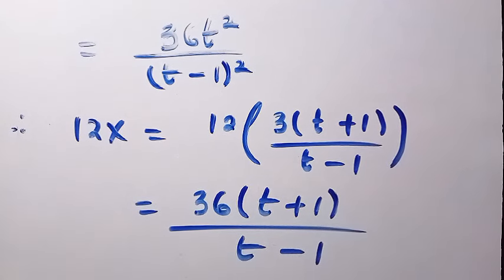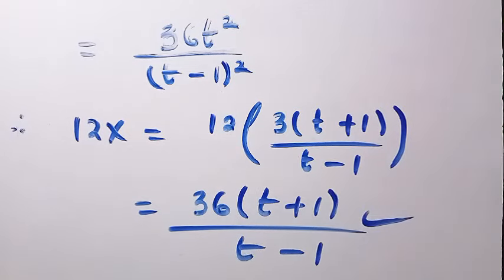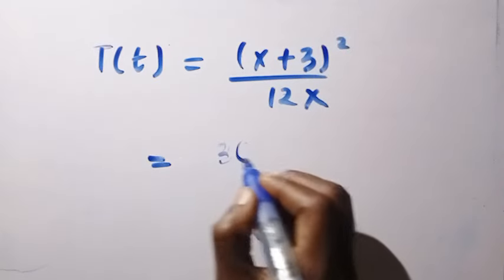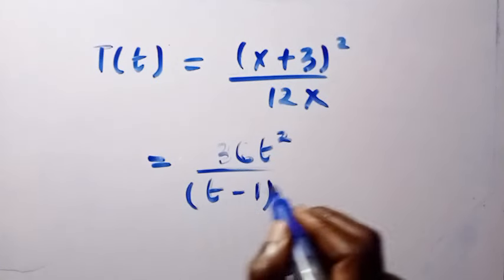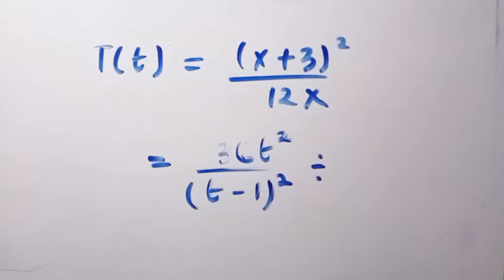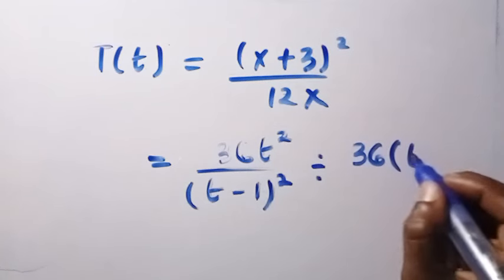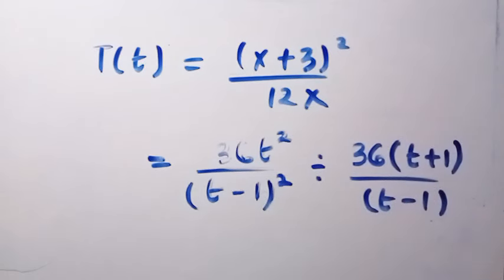So let's couple this together. We have 12x and we have (x plus 3) squared. So (x plus 3) squared is given as 36t squared divided by (t minus 1) squared, then divided by the whole of 12x, which is 36(t plus 1) all divided by (t minus 1).